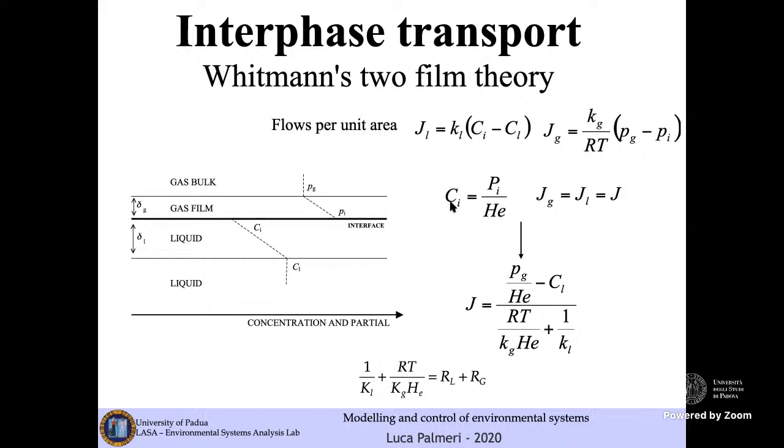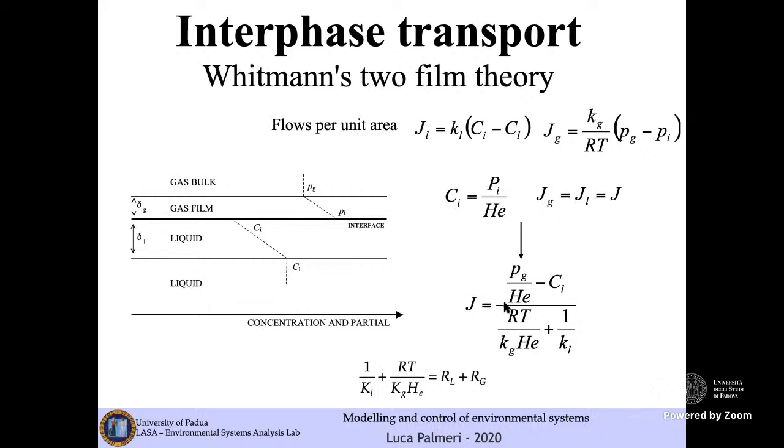So these concentrations are linked depending on a parameter that depends on the characteristic of a substance, in equilibrium conditions, or if you want, in steady state condition, in which the flow in the gaseous phase is equal to the flow in the liquid phase. So we said that in steady state condition, this flow is J.